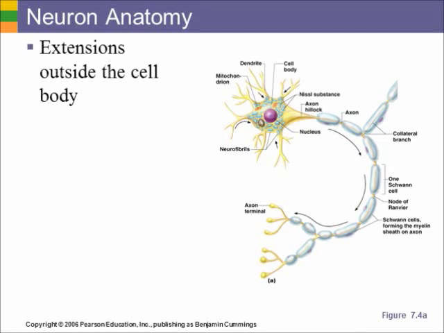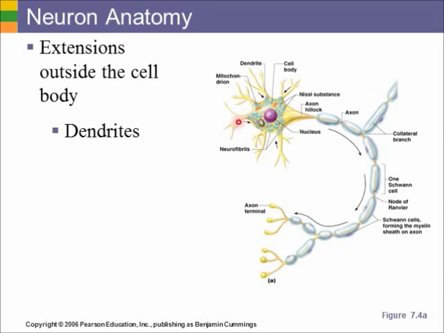Now, this slide I set up here to focus on the extensions that you see coming off the cell body. There's two varieties here. First one I'm going to talk about are the dendrites. In my picture, and here's why I picked the multipolar neuron for this example, dendrites are very numerous.